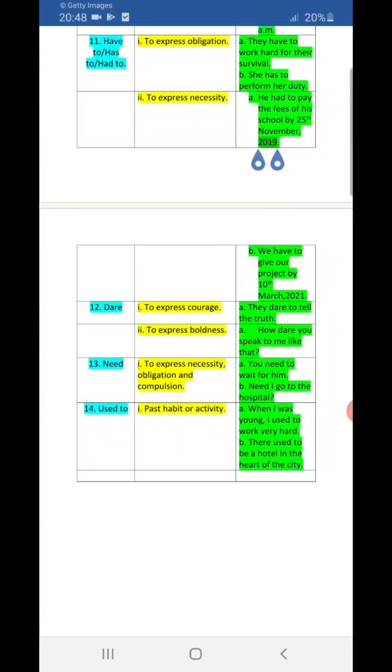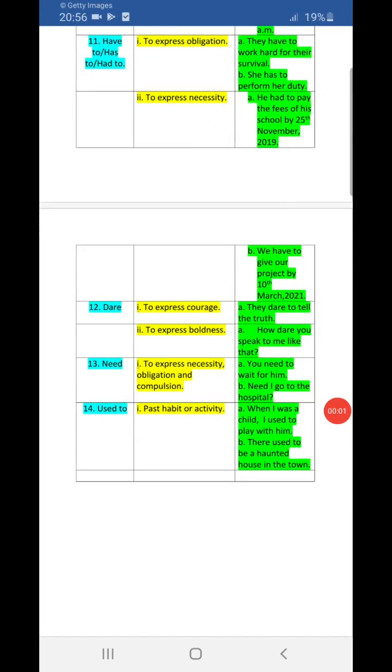So, it indicates past activity. Next one, number B. There used to be a hotel in the heart of the city. So, in the middle of the city or in the most popular place of the city, there used to be a hotel.